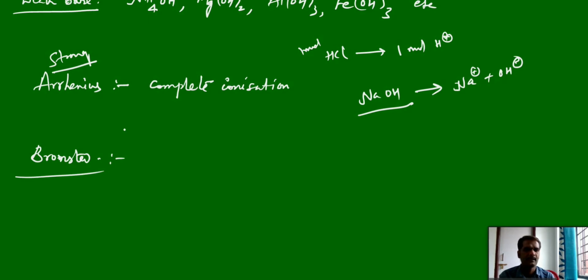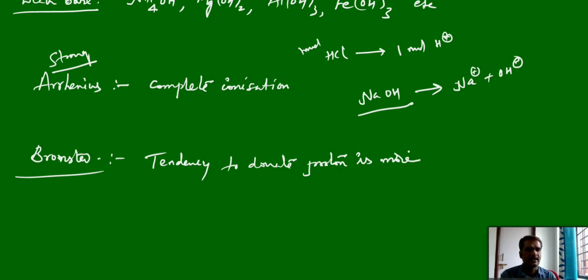Bronsted-Lowry. According to Bronsted, the acid is what donates a proton, and its tendency to donate a proton is more. The substance which can donate a proton effectively, that substance we can say is a stronger acid, like HCl.